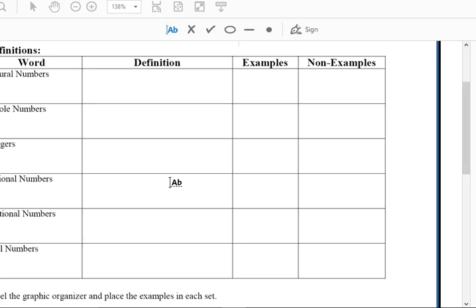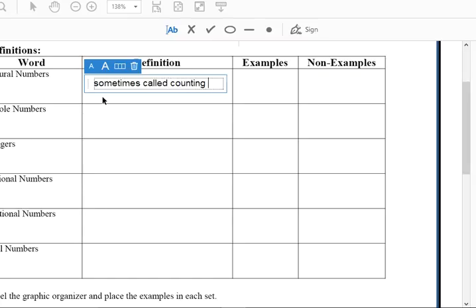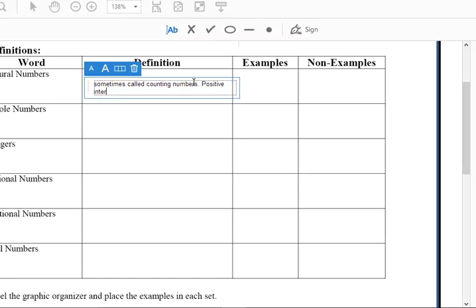So right here we have natural numbers. We would click there and we would just fill out the definition. Then we will provide an example.